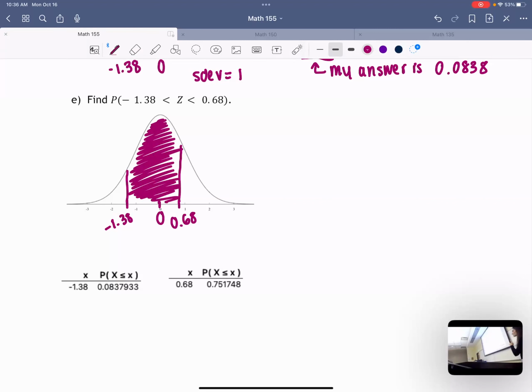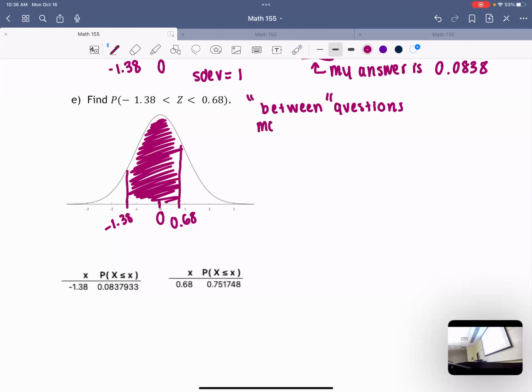Okay, so this is the area that I'm trying to figure out. This is very similar to that one example we did with the probability distributions. Now when we have between probabilities, here's what we're going to do. Let me write it out. Between questions. The first thing you're going to do is type in both of them into Minitab.